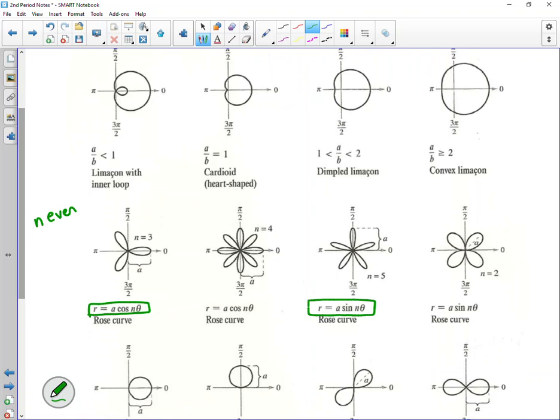So if n is even, then how many petals do you have? No, you just have the same number of petals. No, you have double petals. If n is even, you double the amount of petals. If n is odd, then you have just the same number of petals.